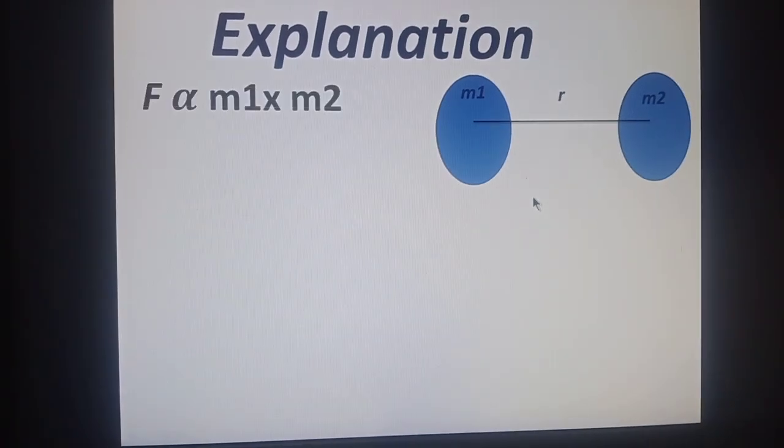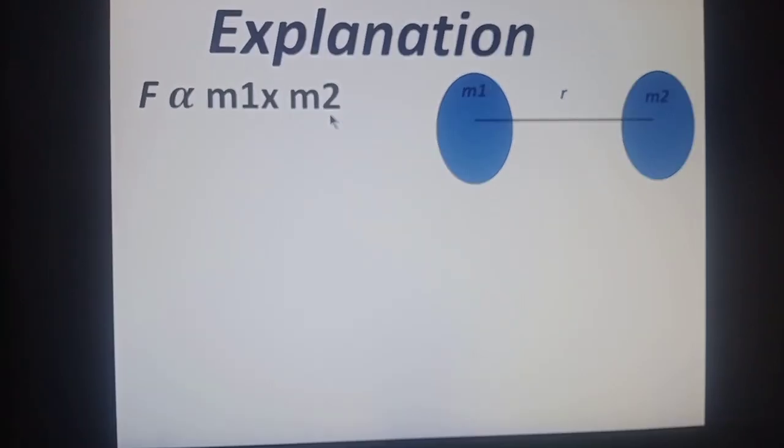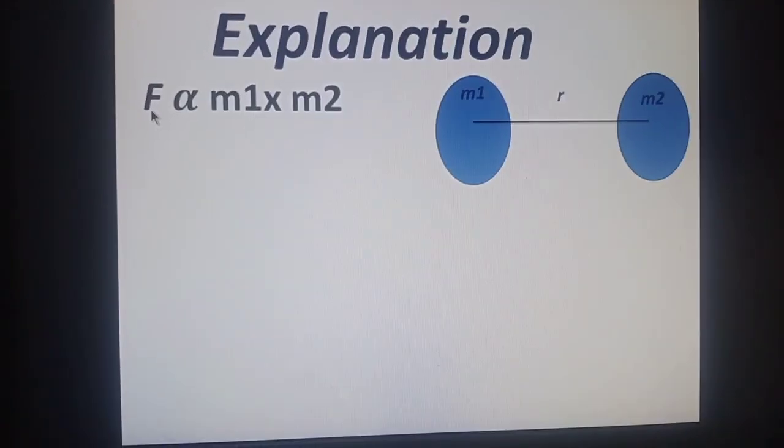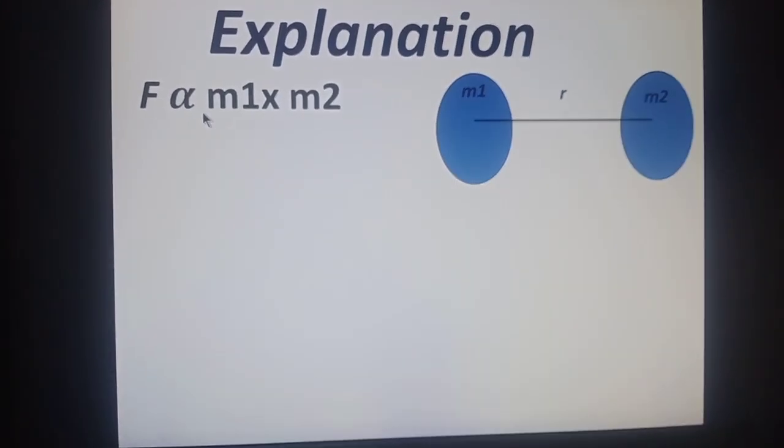On what factors does this force of attraction between them depend? First, the law says this force is directly proportional to the product of masses of the bodies. It means the more the masses, the more the force. The product shows that if either of the masses is increased, the force increases. When both are increased, the force increases more.